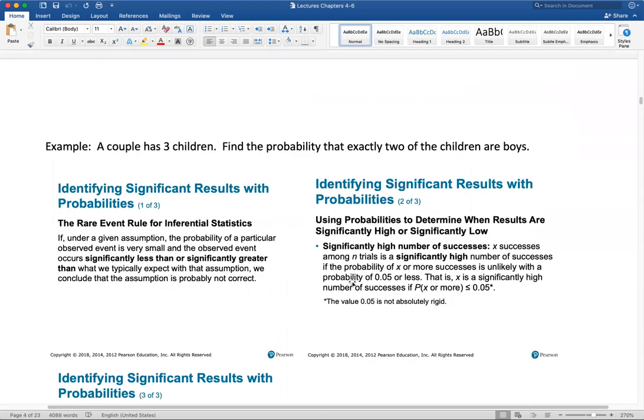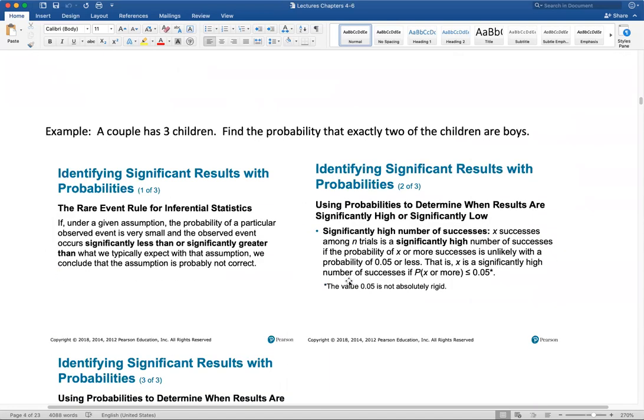Now, next one: identify significant results with probability. The rare event rule for inferential statistics: if under a given assumption the probability of a particular observed event is very small, and the observed event occurs significantly less than or significantly greater than what we typically expect with the assumption, we conclude that the assumption is probably not correct.